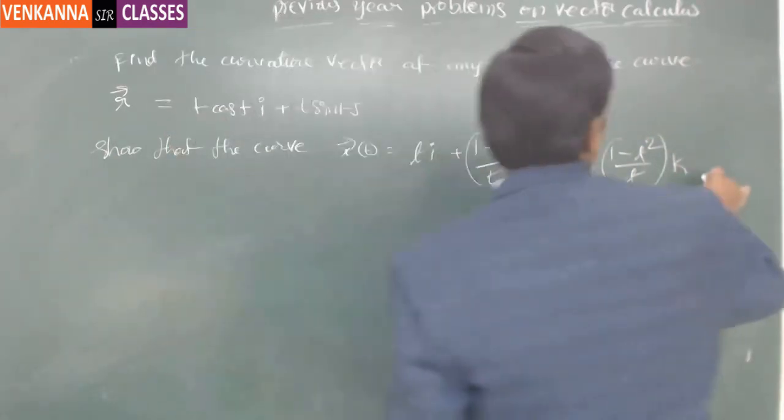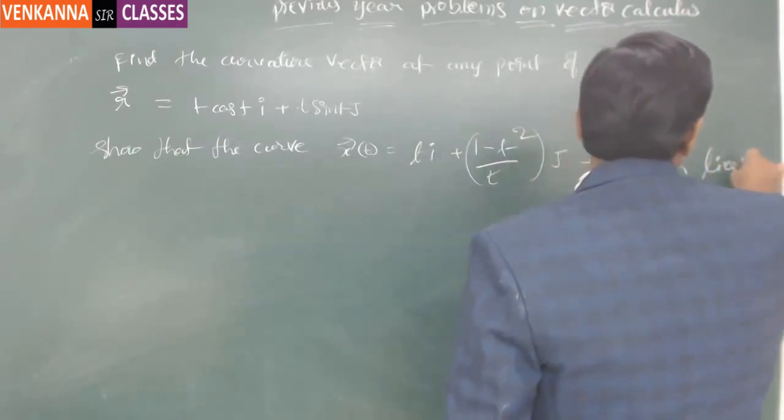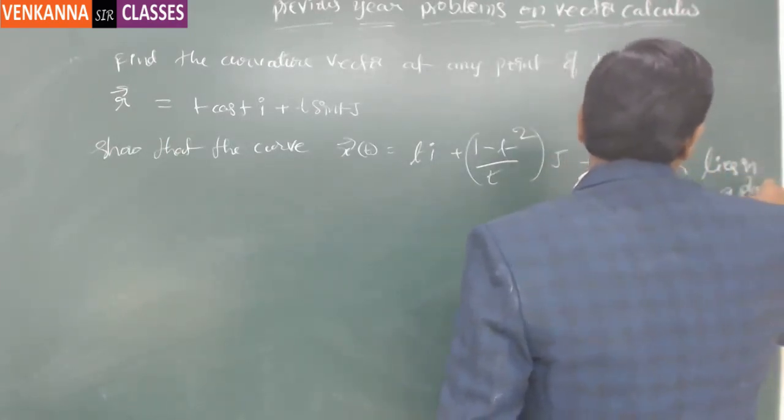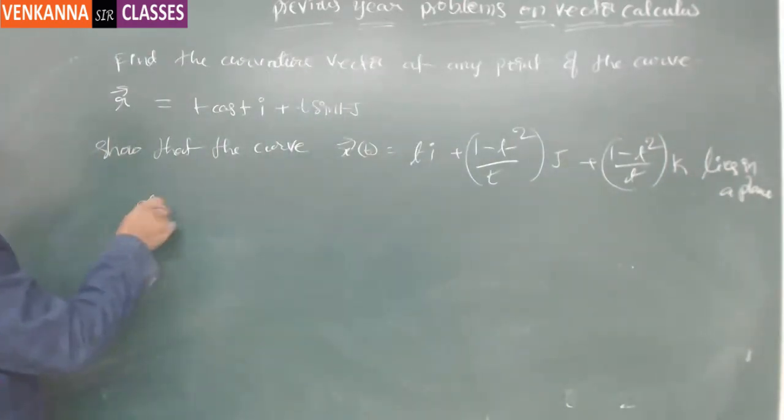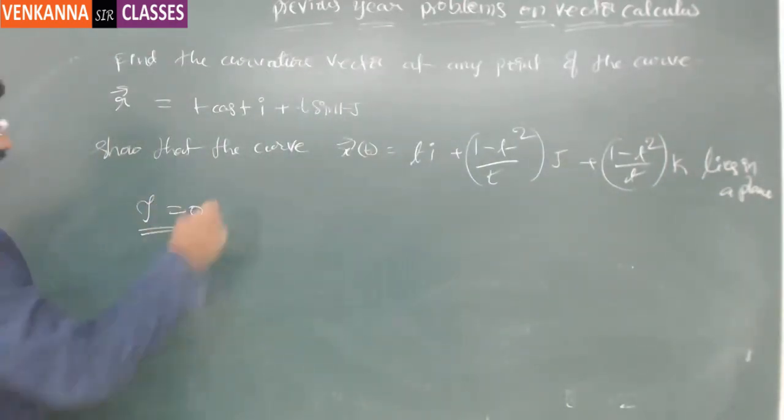So he asked us to prove that it lies in a plane. If you are asked to find out whether it lies in a plane, that essentially means the torsion has to be 0. So take the first derivative, second derivative and third derivative and take the determinant of it, and it has to come out to be 0.